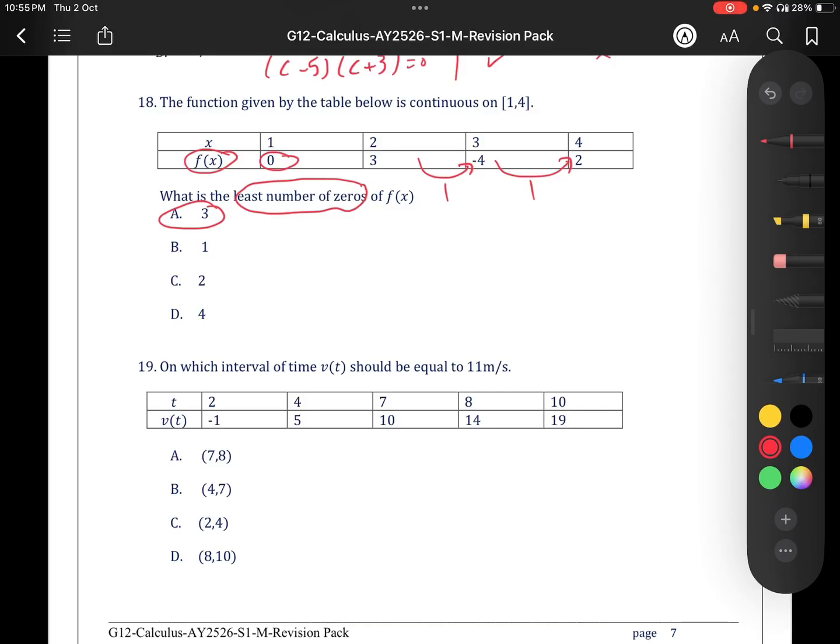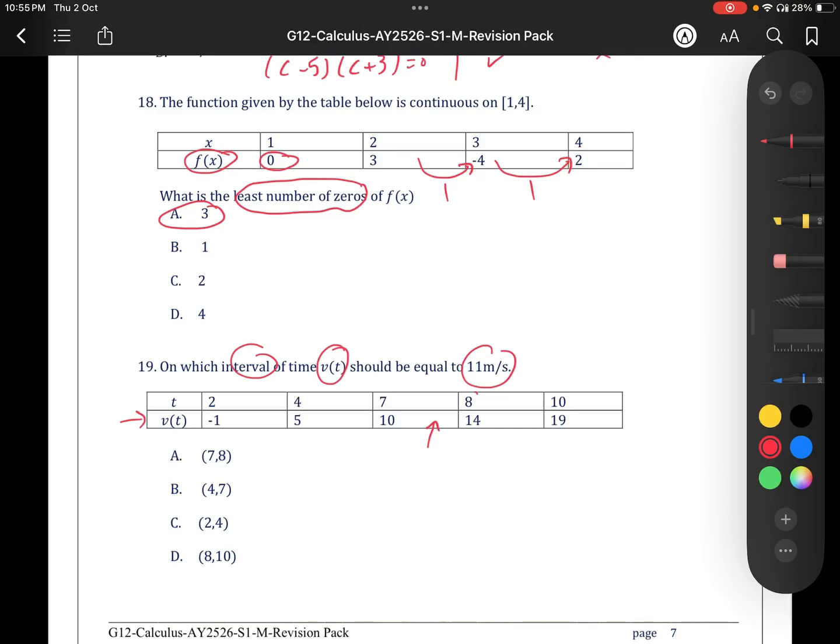Number 19, the function v, when it equals 11, I need to find the interval. So I go and search for the function v where the 11 is located. The 11 is located here between 10 and 14.